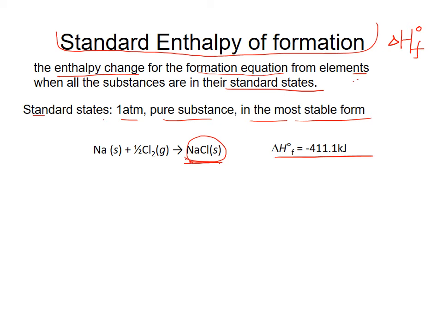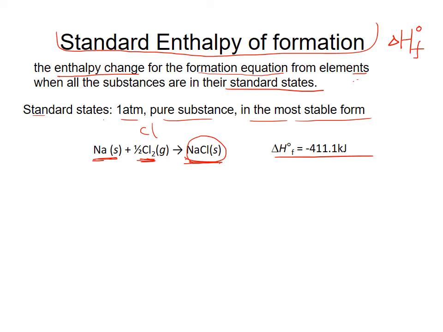The elements are sodium and chlorine, and the standard states are 1 atmosphere, pure substance, most stable form. The most stable form for sodium is sodium solid, and the most stable form for chlorine is chlorine gas, Cl2. Instead of a chlorine atom, it should be a chlorine molecule. That's the most stable form.